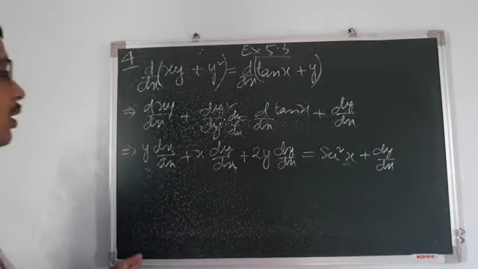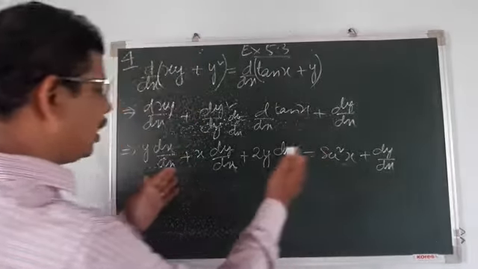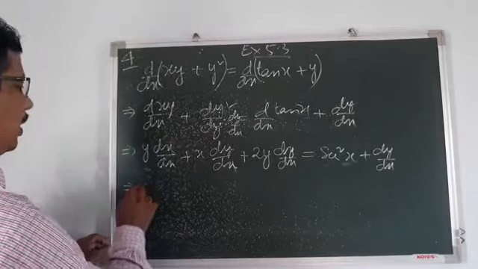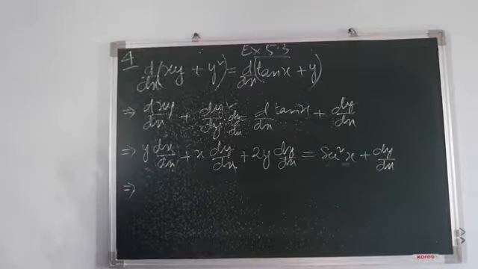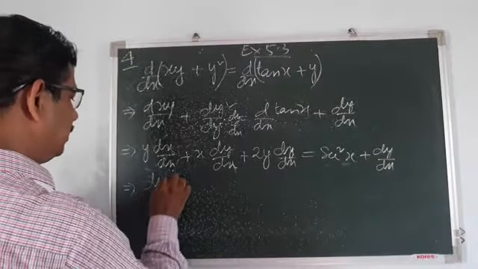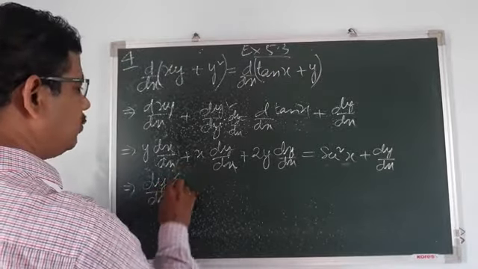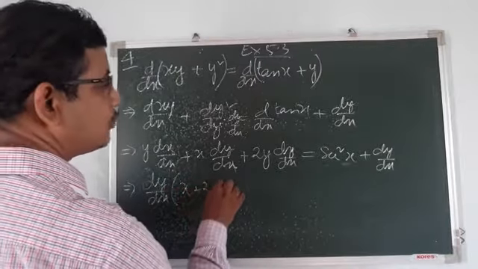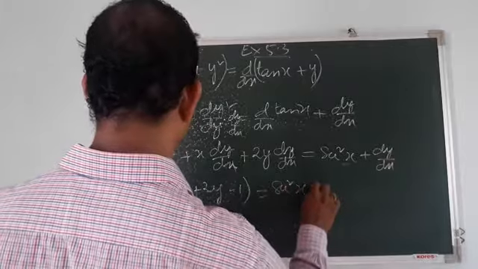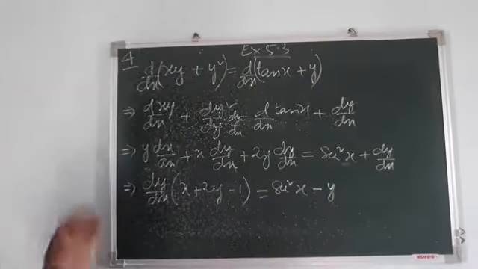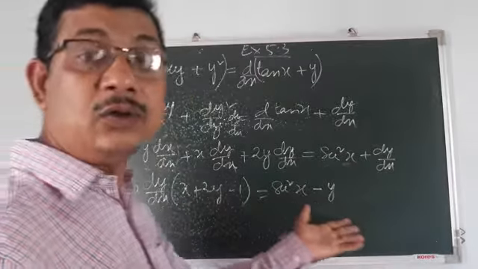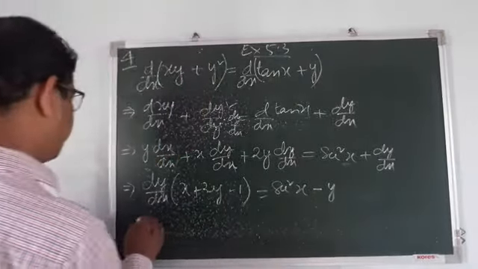Now we will take all the dy/dx terms on one side, and the remaining terms on the other side. dx by dx is 1. If we take dy/dx common, it will be x plus twice y minus 1, and on the other side sec square x minus y. So we have taken all the dy/dx terms on one side and the non-dy/dx terms on the other side.